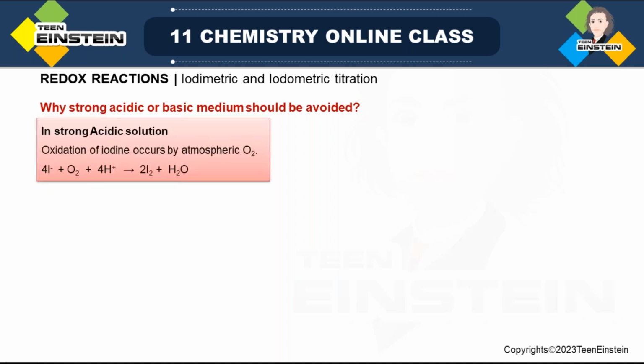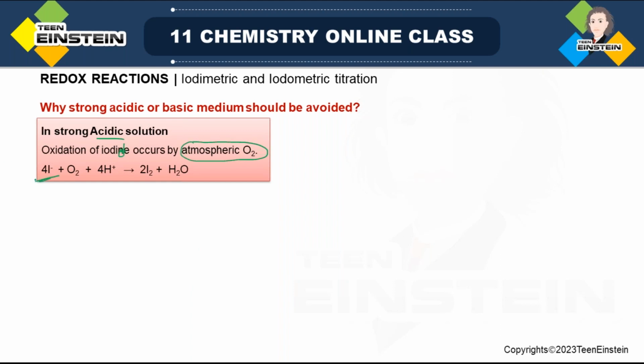And not just the indicator, it is also harmful for the I- solution. So in strong acidic medium, what happens? As you are doing the reaction, there is obviously atmospheric oxygen present. Oxidation of iodide can occur. So whether it is iodimetric or iodometric, I- is involved, right?